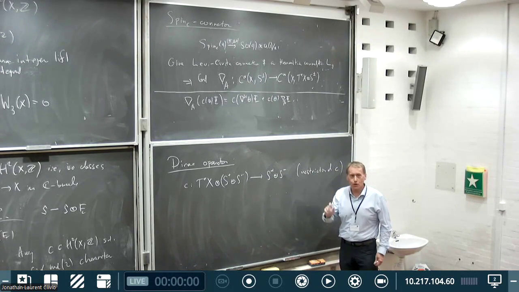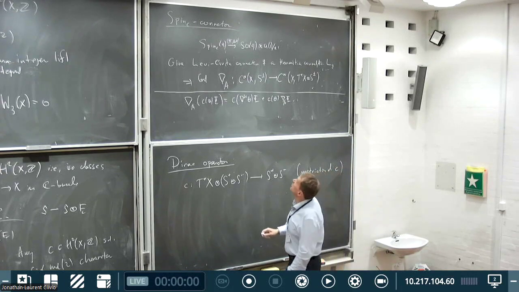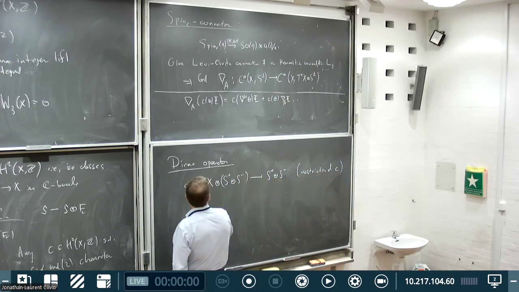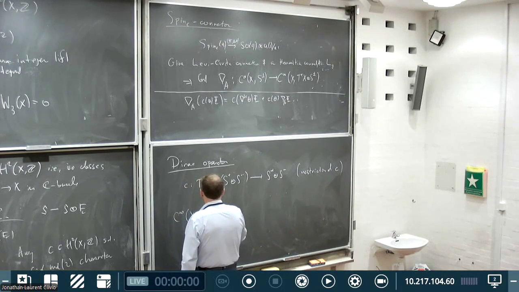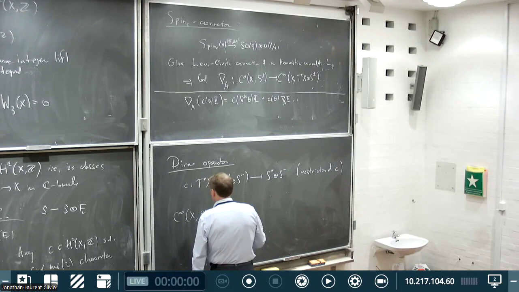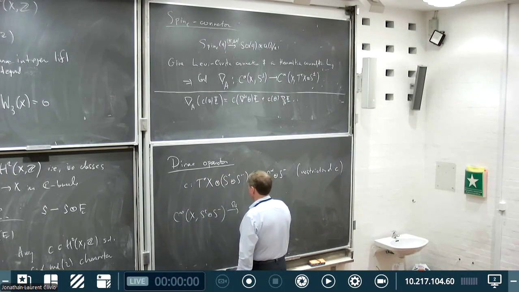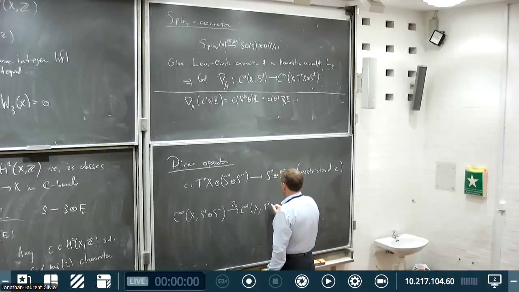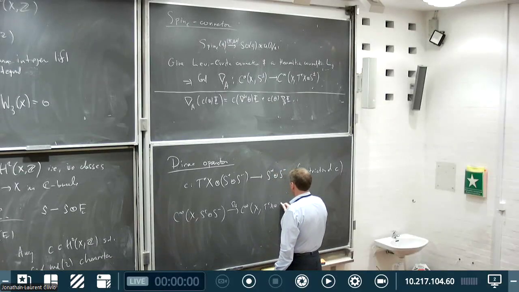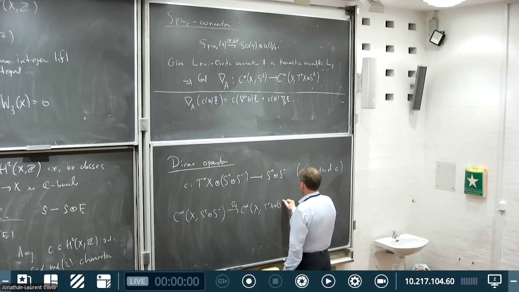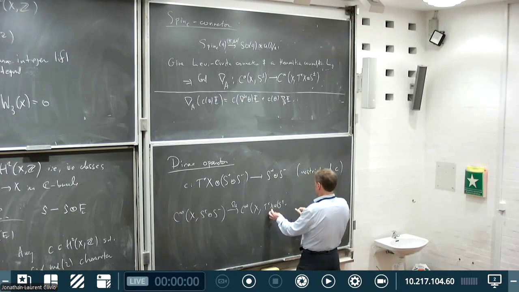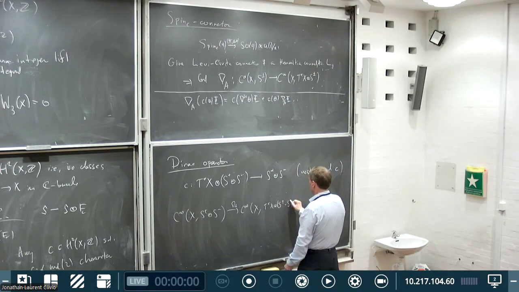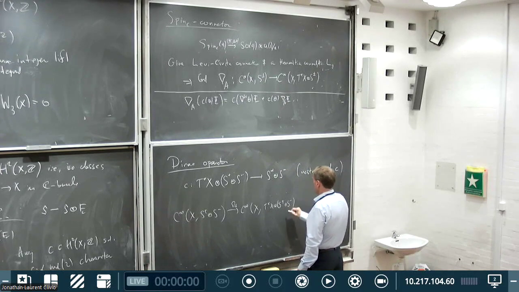And then we look up there and we notice there's an interesting thing to do. We can compose. So what we can do is go from sections of S plus and minus, we have the covariant derivative, to sections of the cotangent bundle tensor S plus and S minus.